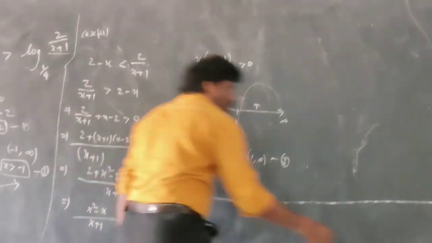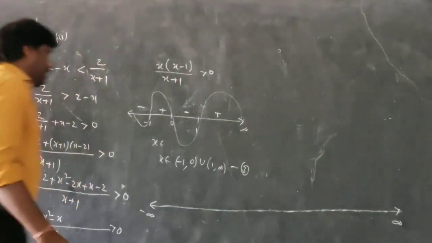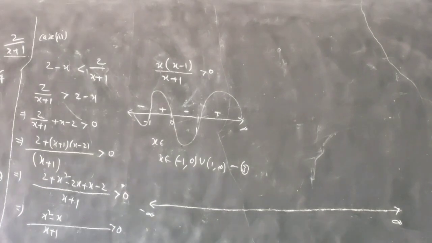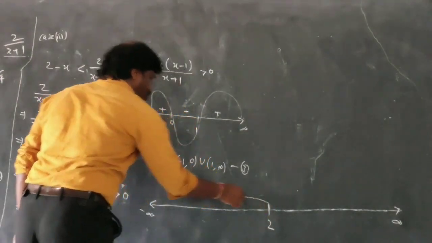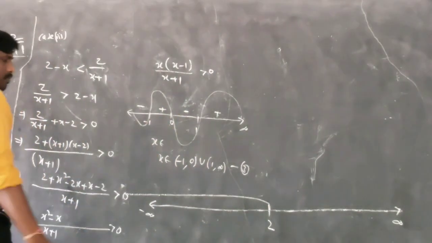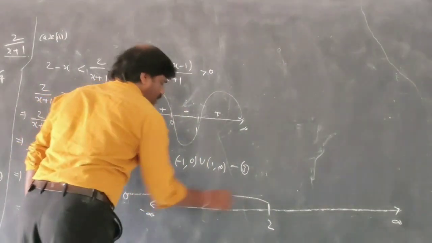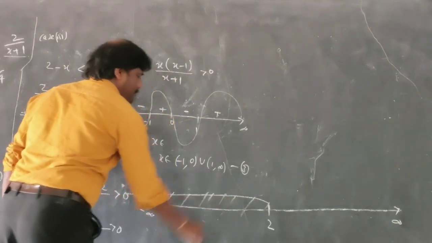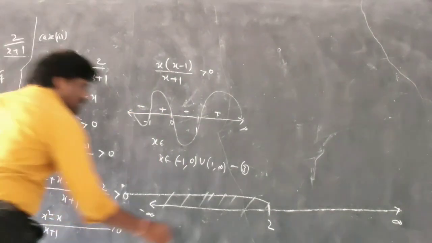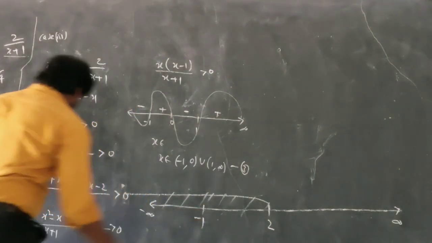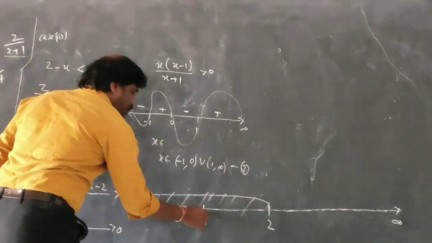Minus infinity to plus infinity. Case 1, what is case 1? It is saying less than 2. Suppose 2 is here, this is the less than 2 answer. Hope you understand. Let us go for case number 2. X greater than minus 1. Let us consider here is minus 1, and he is saying greater than minus 1.